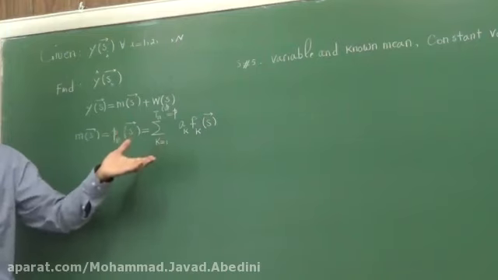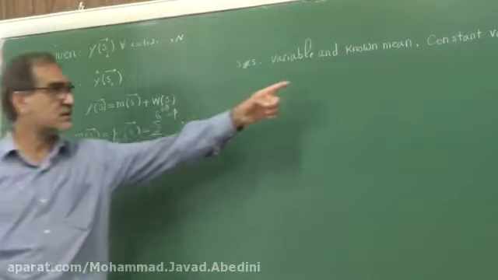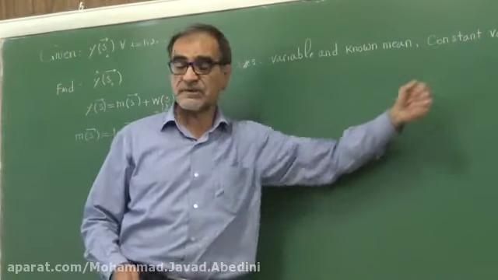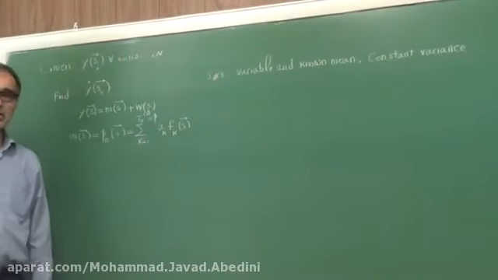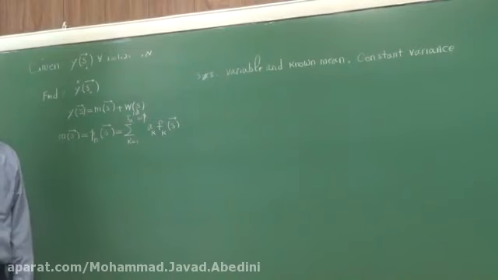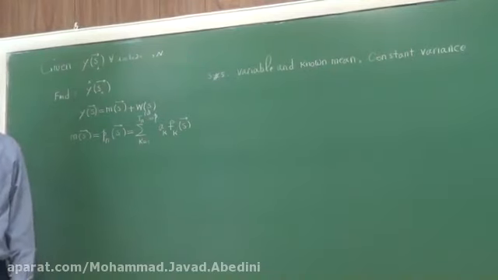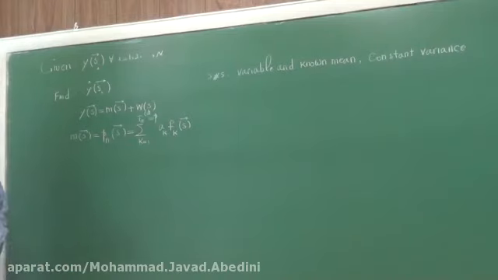Expected value of W is 0. Variance of W is constant. Variance of W is the same as variance of Y. And then the covariance of W will be a function of the separation vector, which is required for stationarity.